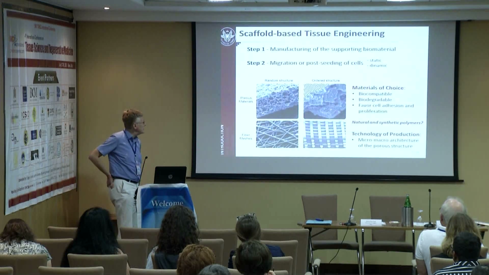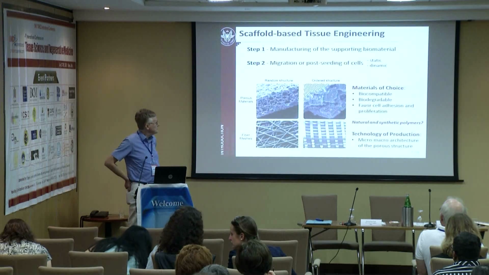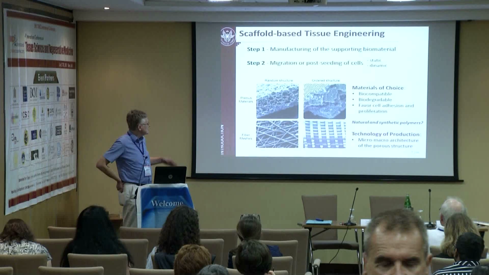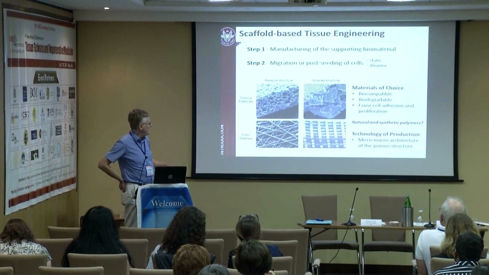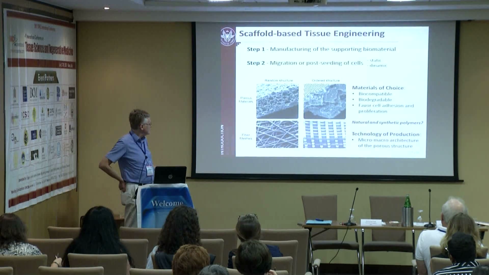During the course of years, many fabrication technologies have been developed for the manufacturing of scaffold. So scaffold characterized by either a random or ordered structure can be fabricated, or also scaffold which consist of fiber meshes.